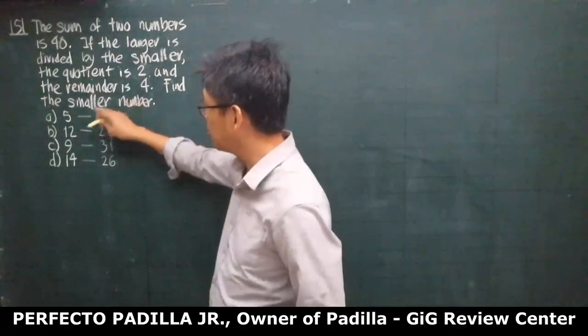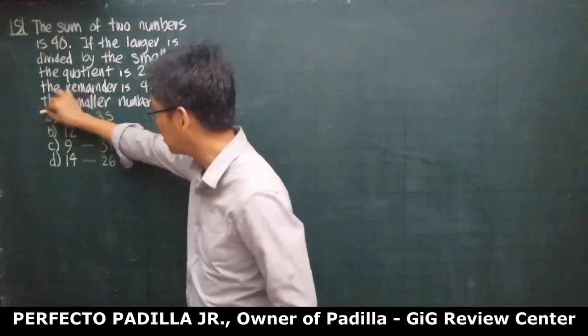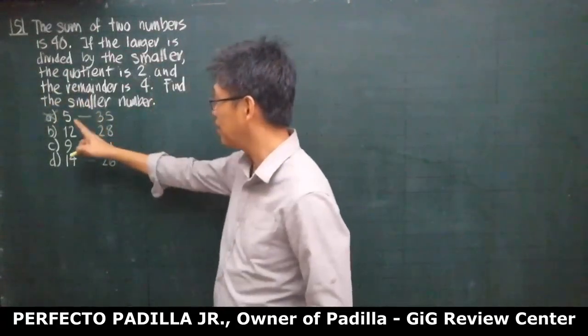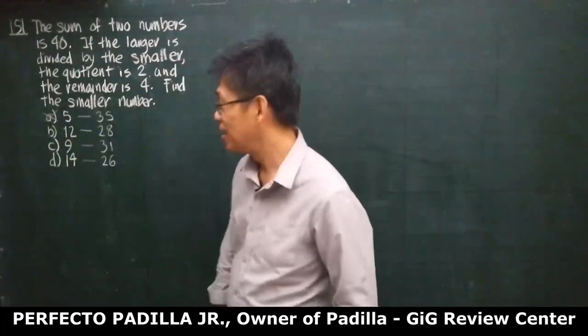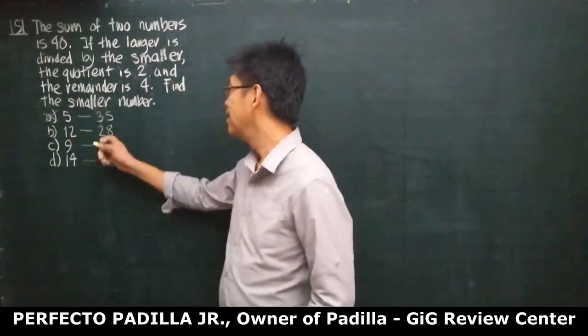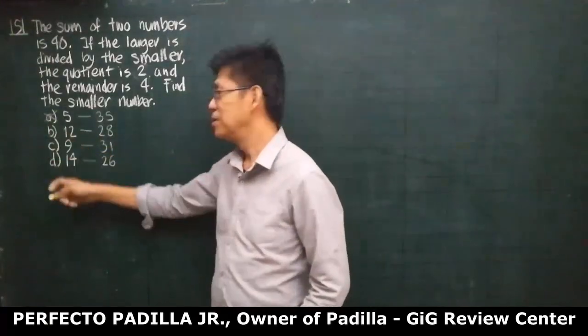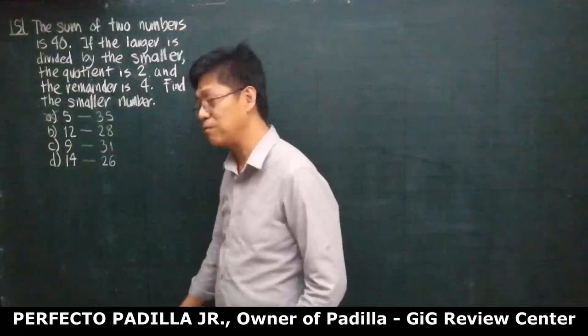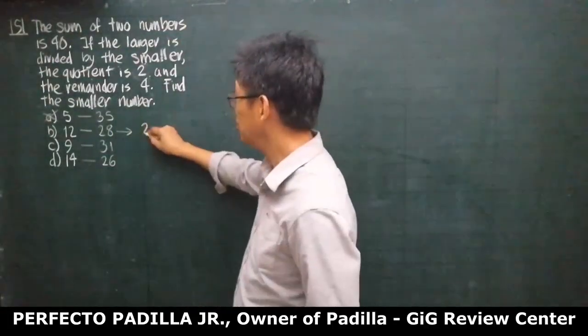So, 35 divided by 5, that is 7. Mali. 28 divided by 12, how much? 24, di ba? Is 12 times 2. So, 28 divided by 12 is what? That would be 2.